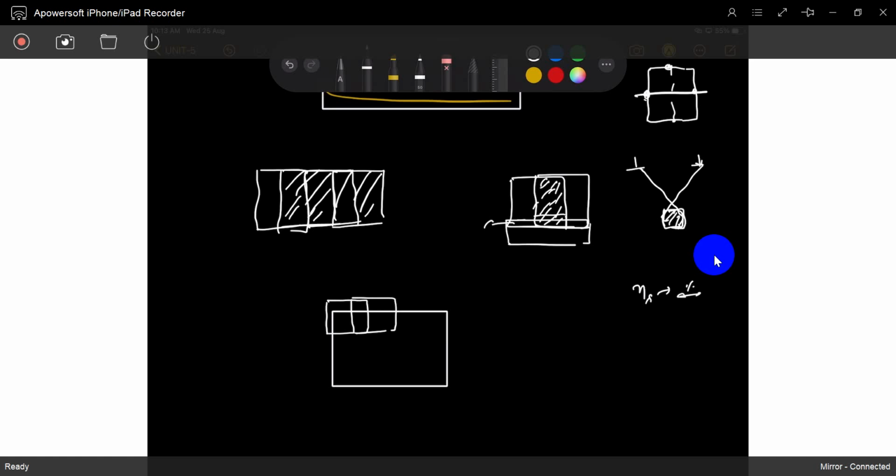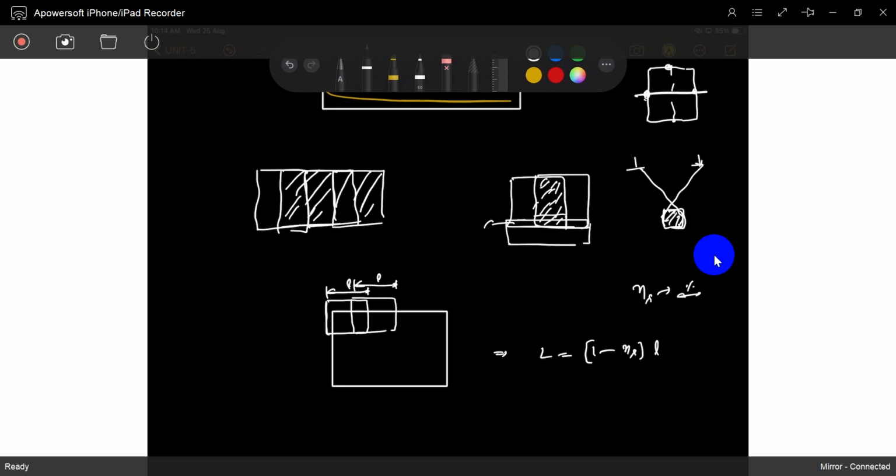Effectively, how much length is covered by one photograph? Effective coverage is 1 minus 60% or 50%, anything, multiplied with the length. That's it. So if one photograph takes this length, again we will take this photograph.